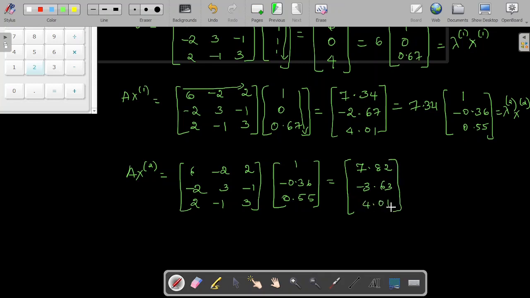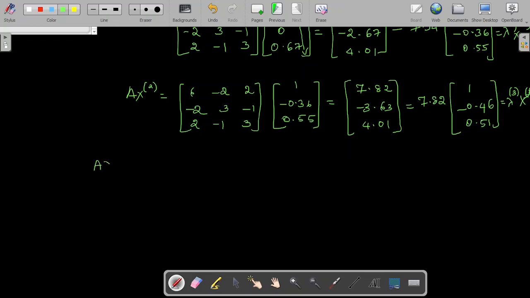Do the calculation as before, like 6 plus minus 2 into minus 0.36 plus 2 into 0.55. When you add up all those after multiplication, you'll get 7.82. Now among these three, 7.82 is the largest. Take it outside. Then you'll get 7.82 by 7.82 is 1, and minus 3.63 by 7.82 gives minus 0.46 after rounding off to 2 digits after the decimal point. Then this value 0.51. So this gives you lambda 3 and x3, the third approximation.